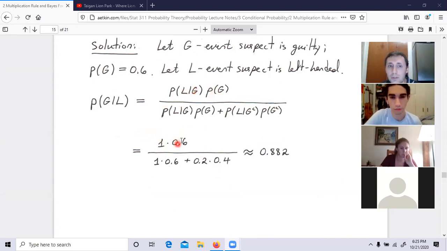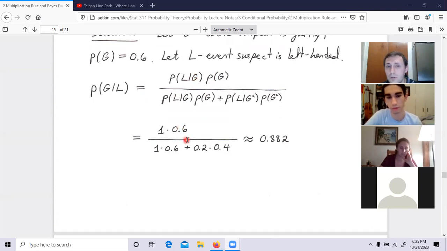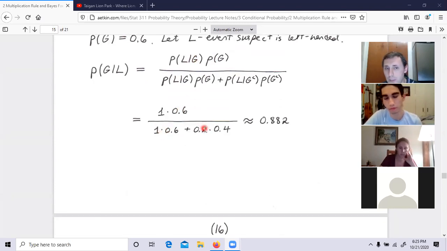And then the probability that he is guilty is initially 0.6. Same thing on the denominator. Now, the probability he is left-handed given that he is not guilty is that I accidentally picked up somebody that is left-handed from the population. And that means it's 0.2. Yes? Times 0.4, which is the probability that he is not guilty. And that approximately is 88%.